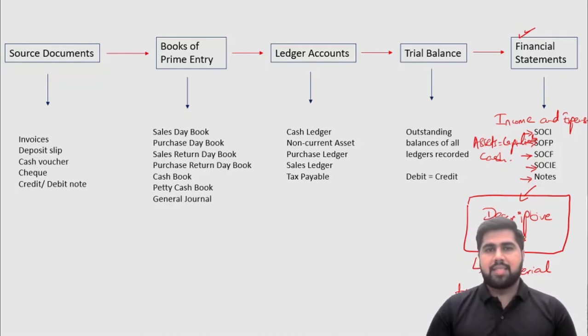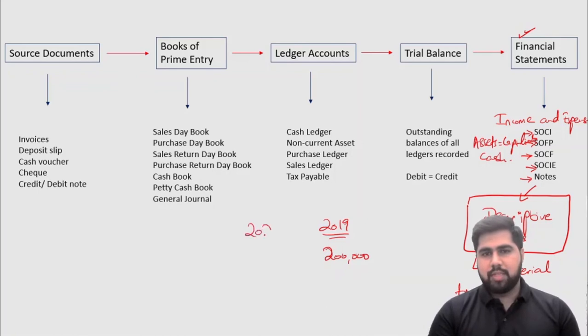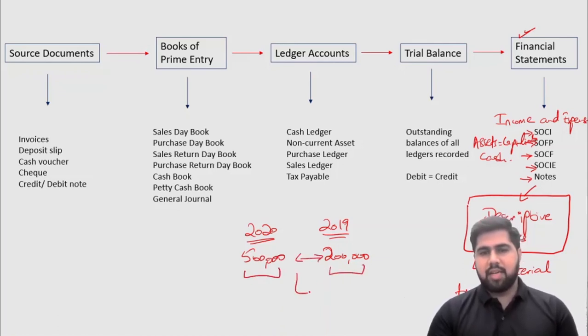Current year my assets are, let's say, so let's take an example, 2019 my assets were 200,000. 2020 my assets are 500,000. This change in 300,000, that is evident, correct?